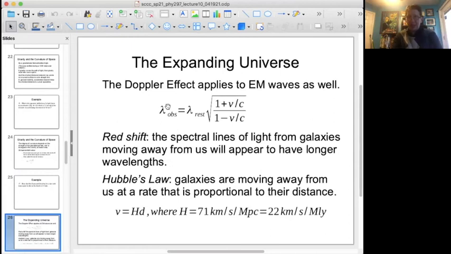So you look at the equation: the observed wavelength equals the rest wavelength multiplied by the square root of 1 plus v over c divided by 1 minus v over c. So if v is positive, if it's moving away from us, the wavelength is going to be larger.